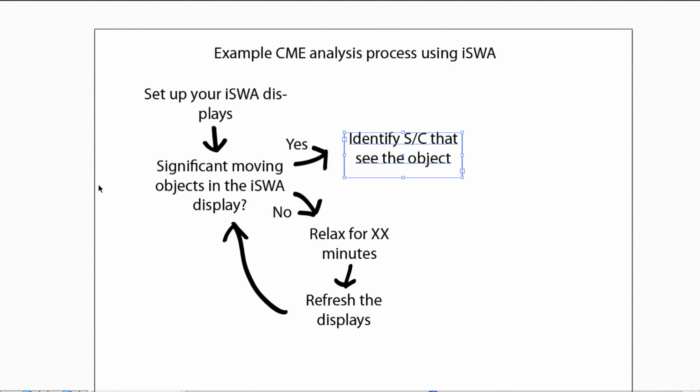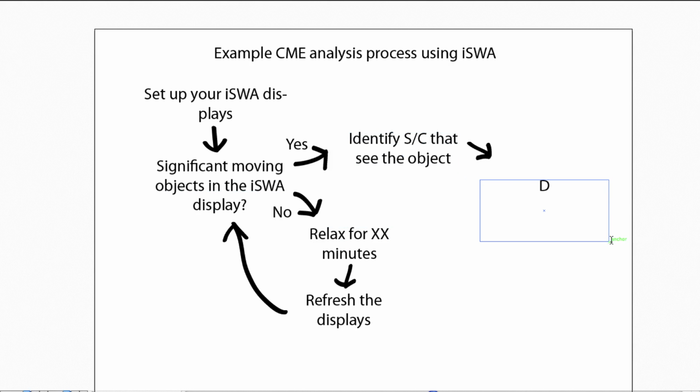And once you have done that, then you can start to carry out a little bit more detailed analysis. In the next step, you can identify, for example, what is the direction of the CME.